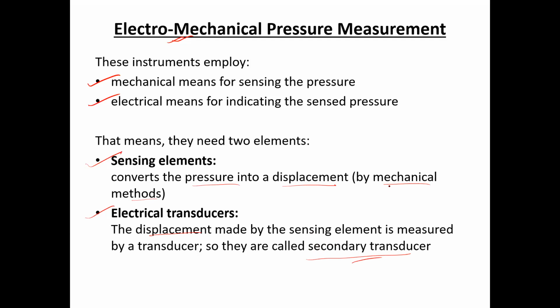I should not say in the first case that it is a mechanical transducer, because the energy is not getting converted from one form to another; pressure is getting converted into motion. So I cannot say that it is a mechanical transducer, but it is a sensing element that is sensing the signal and converting the variable into another type.